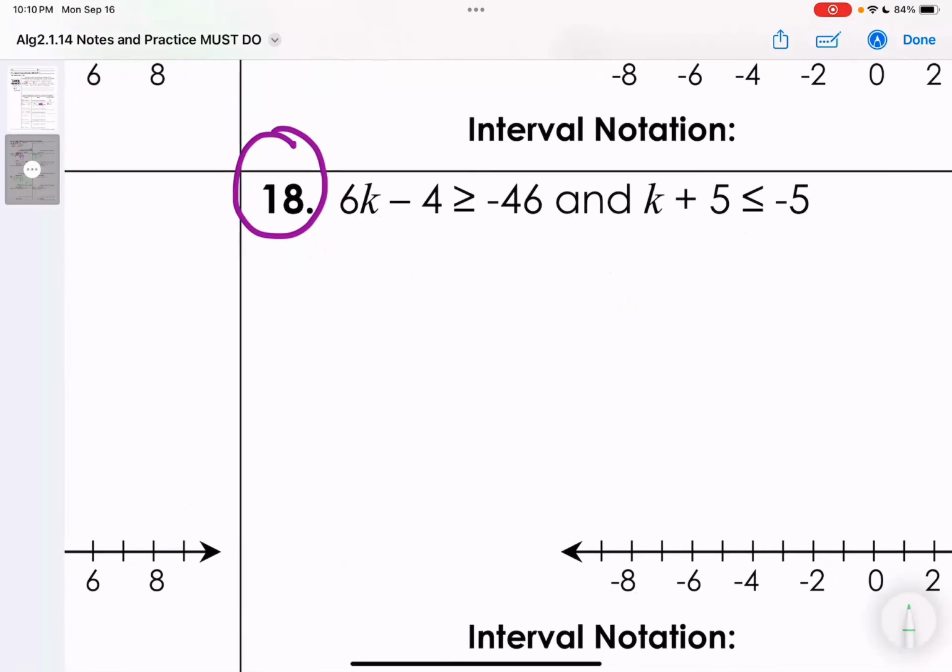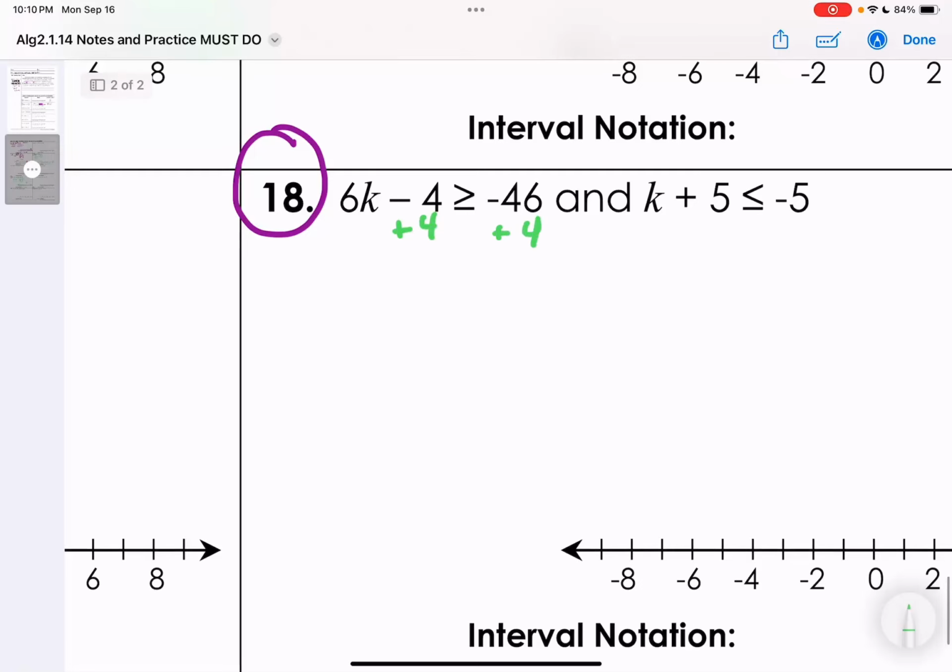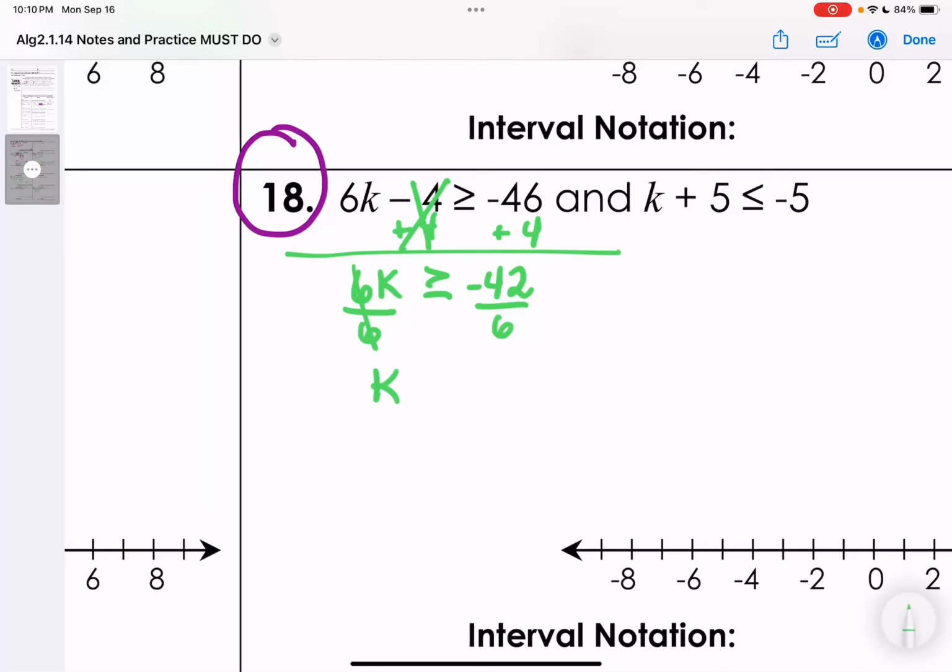Then number 18. We solve again. And I'm dividing by 6 because it's multiplied. K is multiplied by 6.